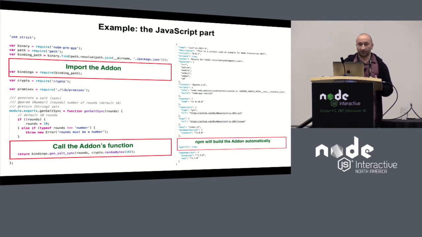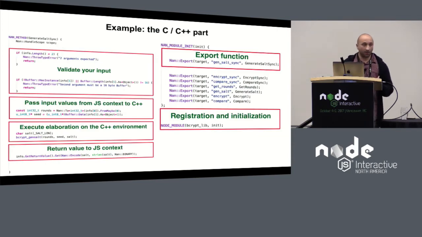To understand how to create the functions that the native add-on exports, we have to take a look at the C++ part. It all starts from the registration and initialization. Here, the NODE_MODULE macro creates all the necessary code to register our module with the specified name, in this case, bcrypt_lib.